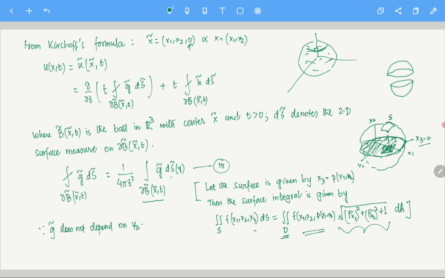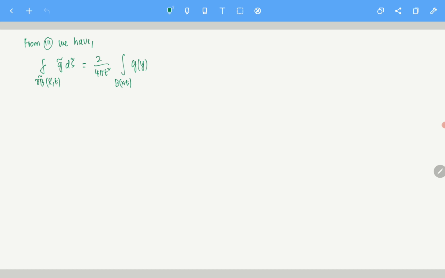Okay, so now if you calculate this thing, please do it yourself. You get an extra term. What is the extra term? The extra term is 1 plus gradient gamma y square whole power half dy. Clear?